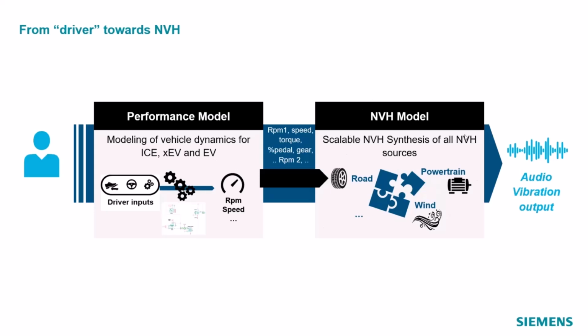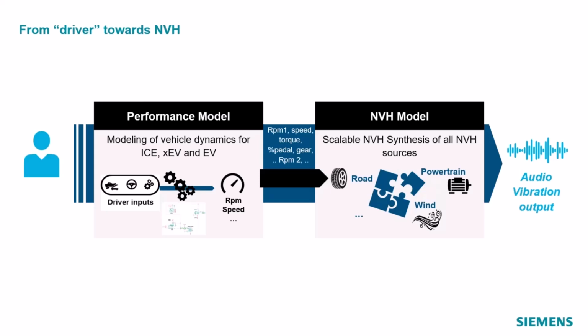And then you have a whole NVH model that's running in parallel. So you have main noise sources in a vehicle are going to become the road noise that we just looked at. There might be a powertrain, so this is going to be electric motor or cooling pumps or something like that. And then you have just the wind noise of driving the vehicle down the road. Different vehicles are going to have different wind noise performance.